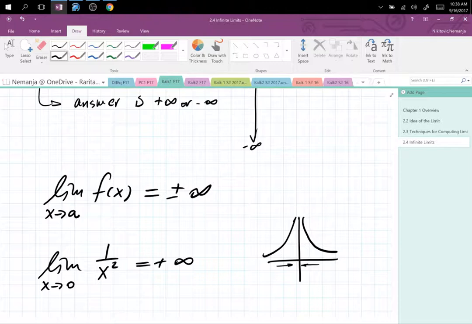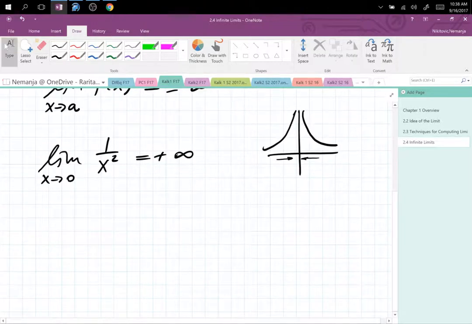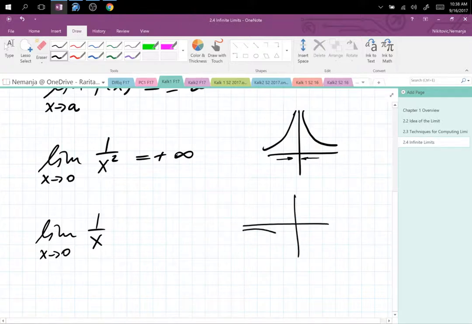We also have situations where the limit does not exist, like for 1 over x. The reason for that one would be that the limit from the left is negative infinity and the limit from the right is positive infinity.